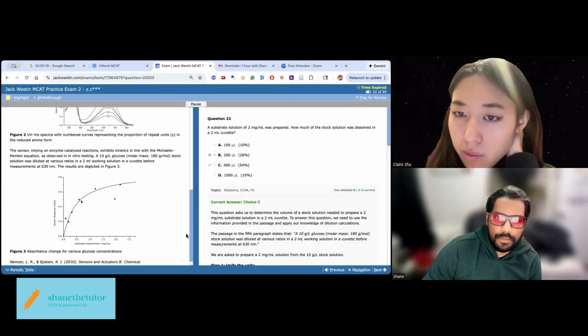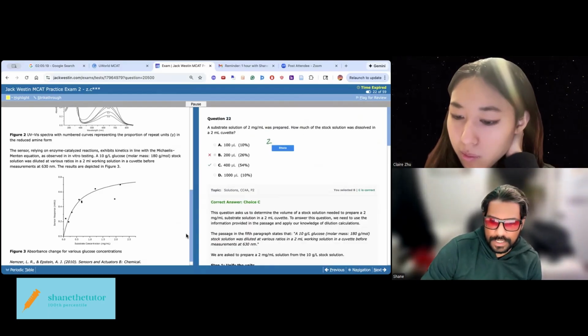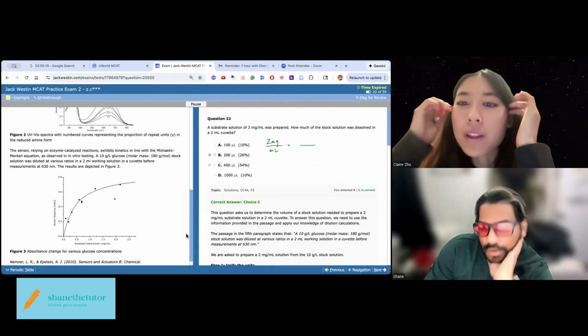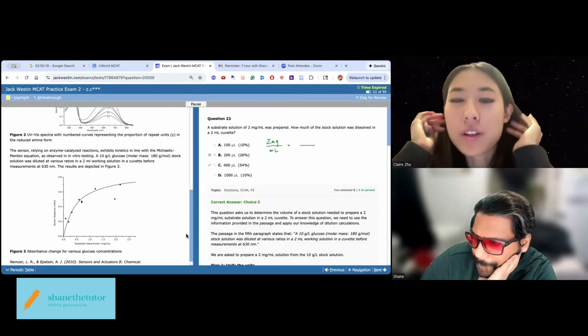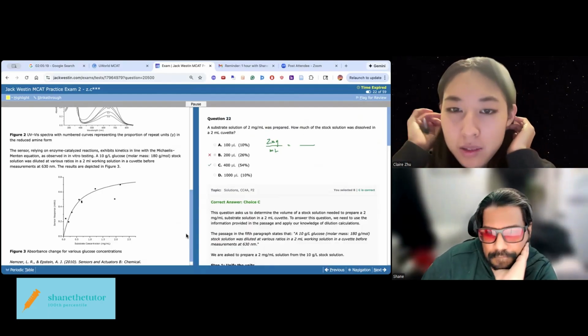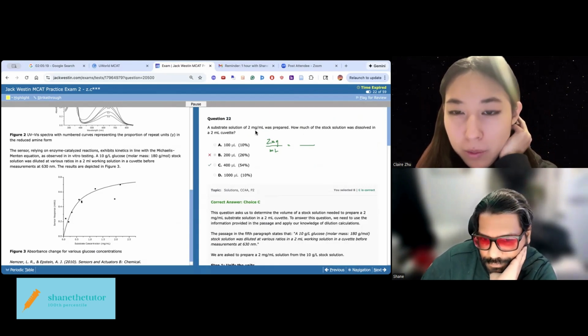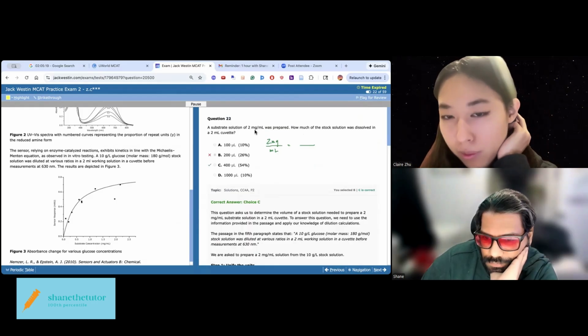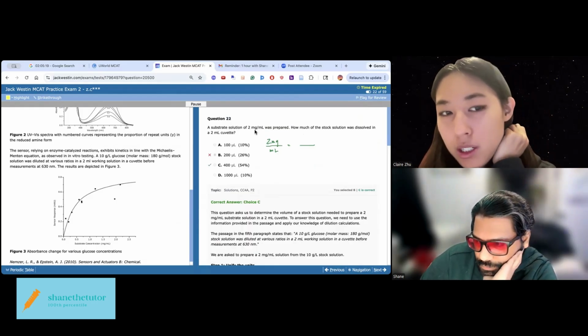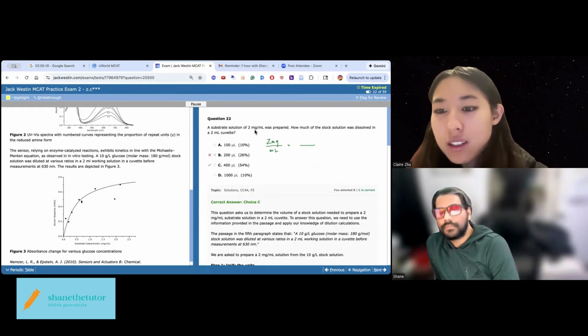Maybe we can do 2 milligrams over milliliters. Oh, is the way we're supposed to solve this that we're given the substrate solution and the total volume, and then we reverse calculate to see how many milligrams are in that cuvette?